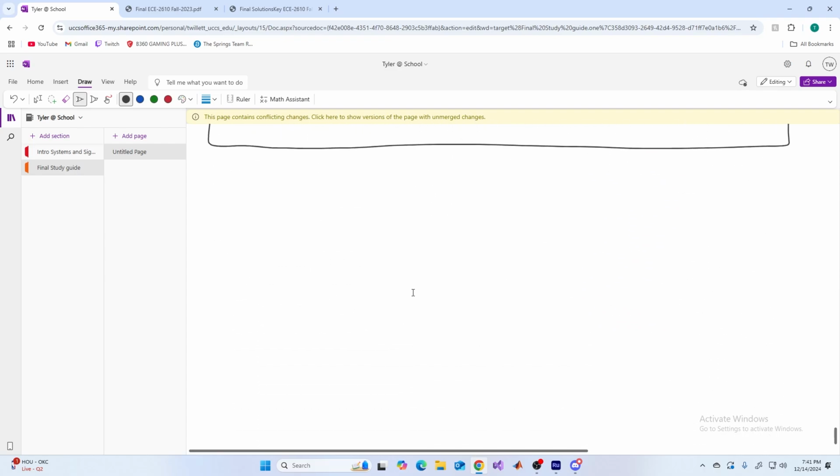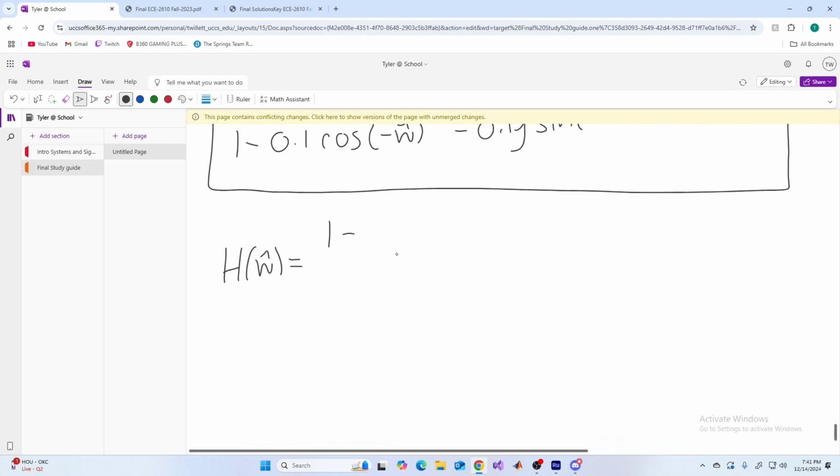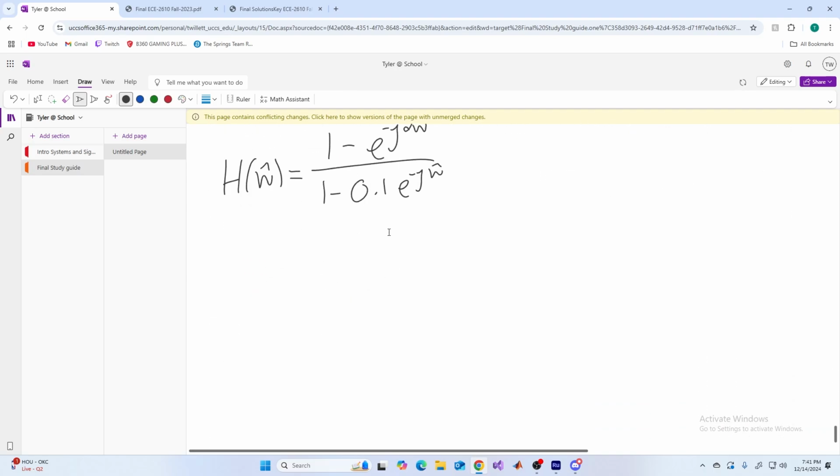So I need to consider that h sub w equals, what was it? 1 minus e to the negative j 2w hat, all over 1 minus 0.1 e to the negative j w hat. Let me make sure that's correct. Yep. Now, remember, I'm going to write this down.